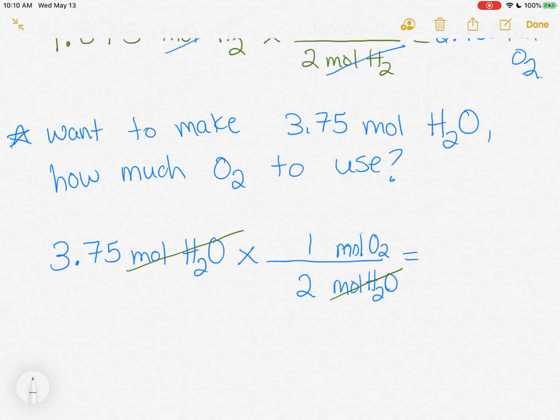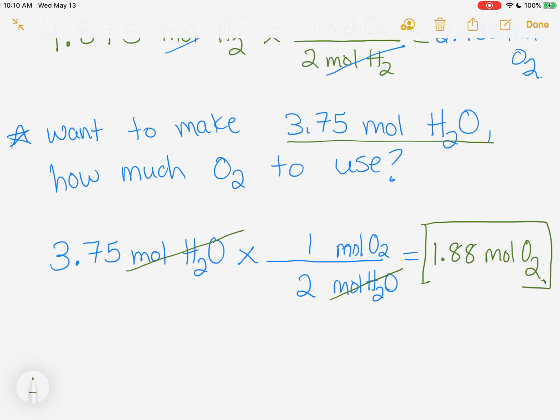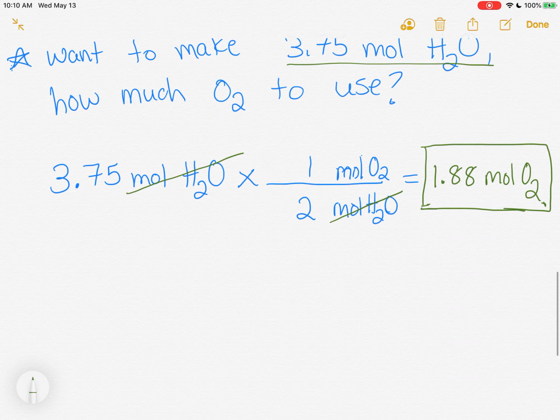And again, the reason that we're doing that is we want to make sure that we can cancel out the moles of H2O. So we'll be left with moles of O2. So then we're taking our 3.75, dividing it by 2. We're getting 1.88 moles of O2. So to make 3.75 moles of water, we're going to have to use 1.88 moles of O2.